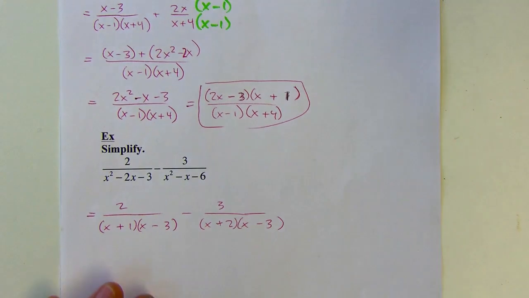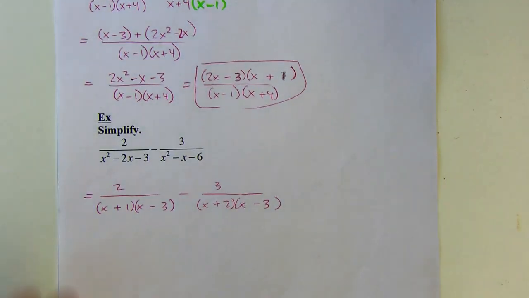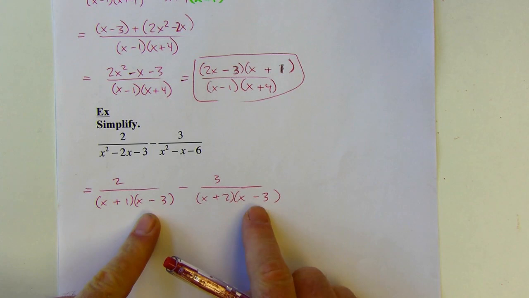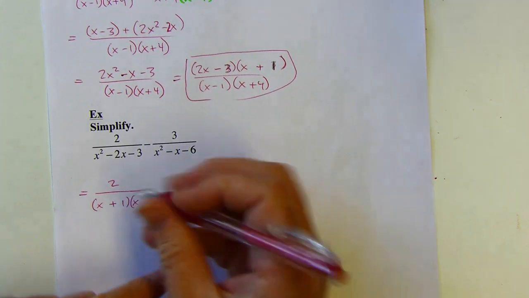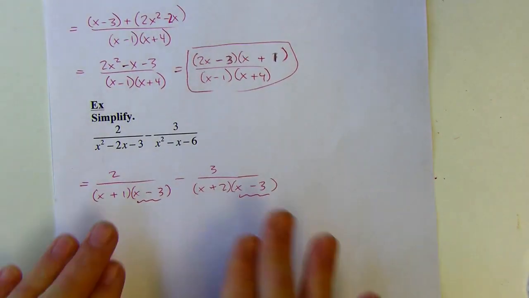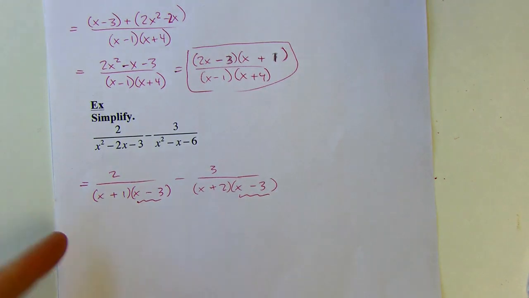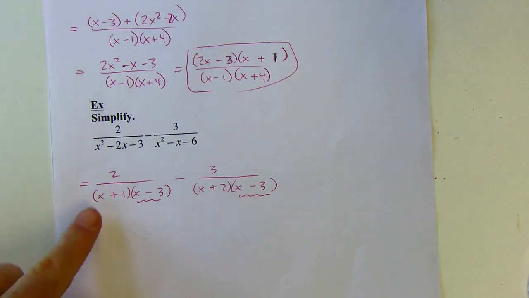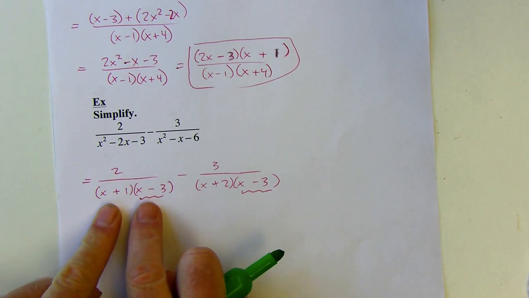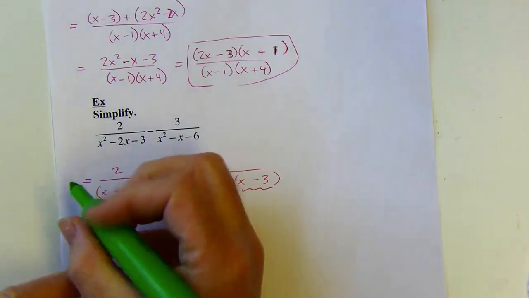Okay? And now this is useful because now I can see that we've got something in common in both of the denominators. Okay? So if I want these to have the same denominators, I just need to add in whatever each denominator is missing, right? So this has an x plus 1 and an x minus 3, but it doesn't have an x plus 2.